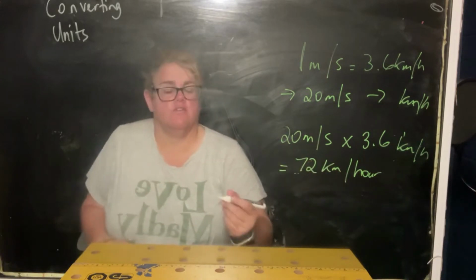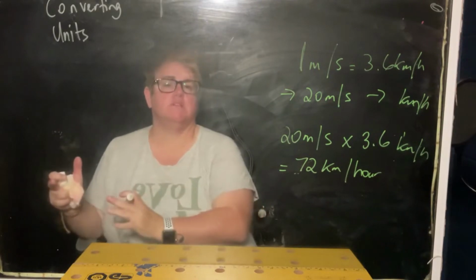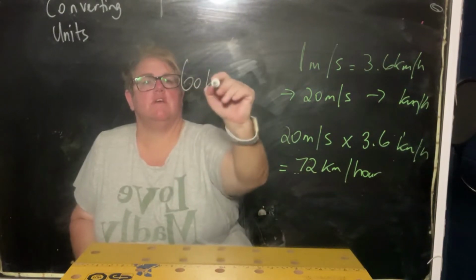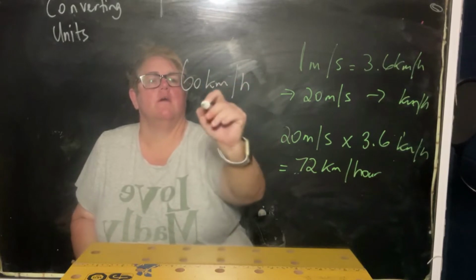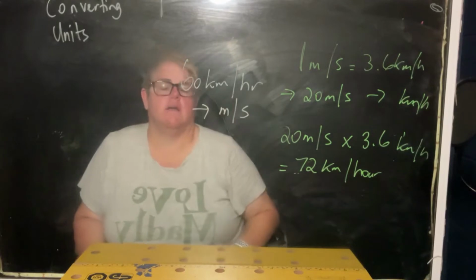For another example, we're going to go back the other way, so we're going to go from kilometers per hour back to meters per second. Let's say we want to convert 60 kilometers per hour, and we want to make that meters per second.